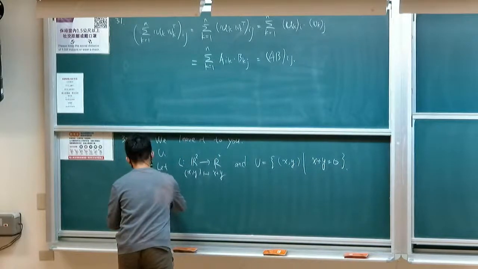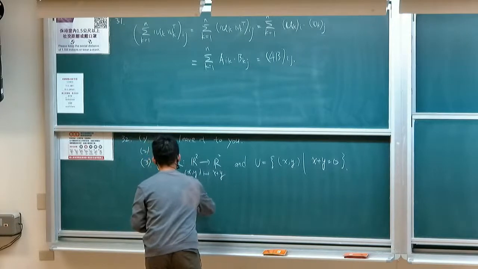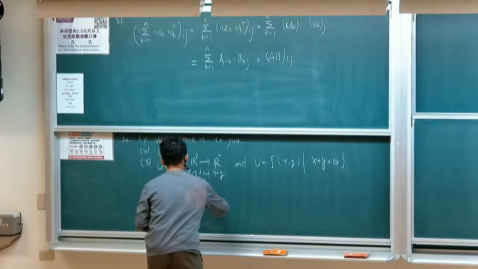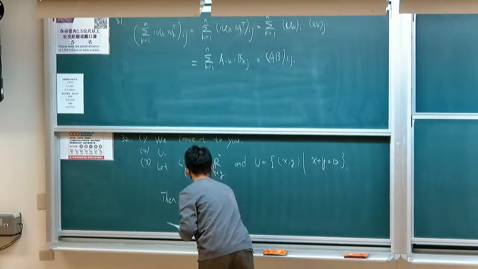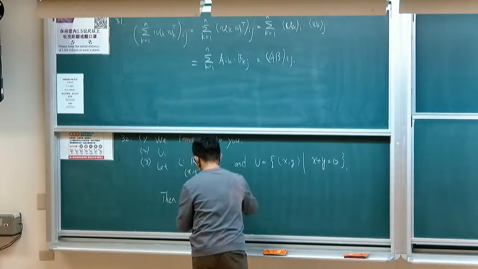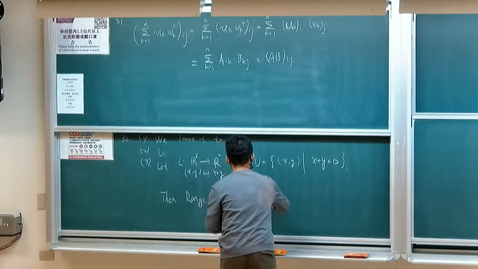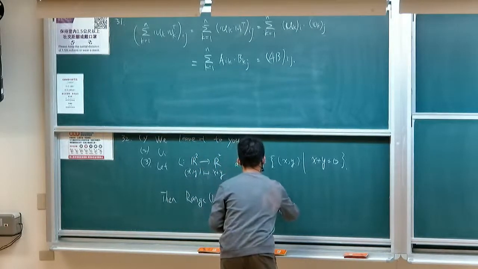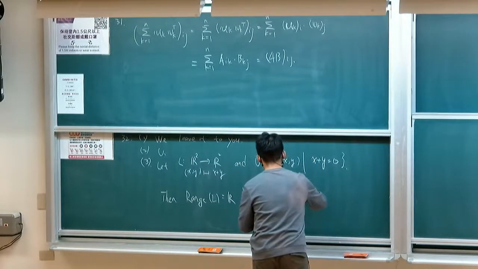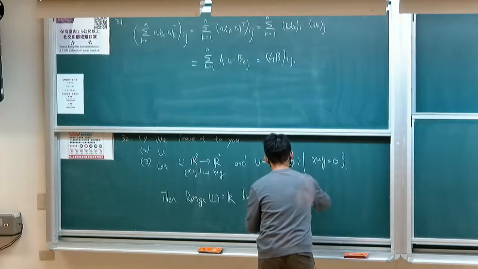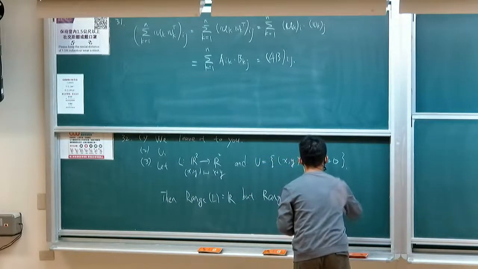Then it's easy to show that the range of L contains all the real numbers, but the range of the restriction of L to U contains only 0.